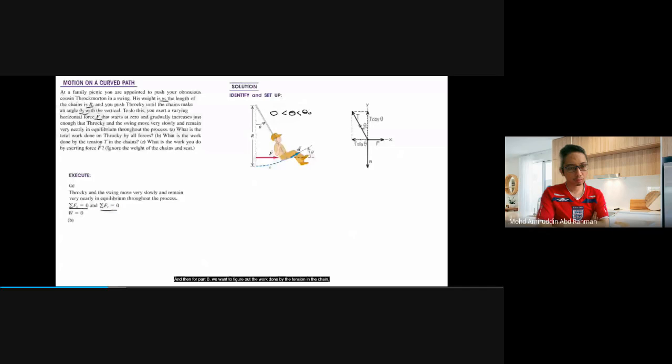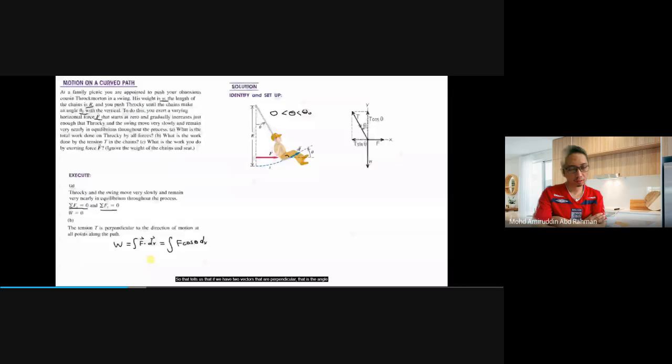And then for part B, we want to figure out the work done by the tension in the chain. But as we can see, the whole time, the tension is perpendicular to motion. What we should know is that work is a function of a dot product. And instead of writing F dot dx, we can write F cosine theta dx, where theta is the angle between the force vector and the dx vector.